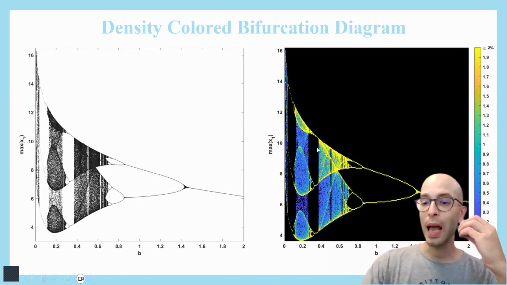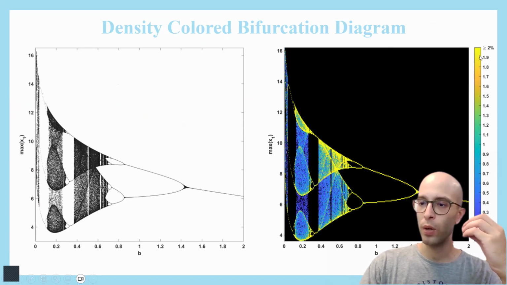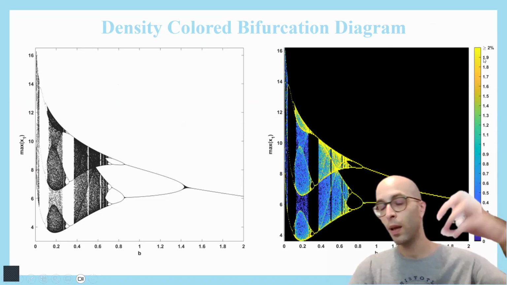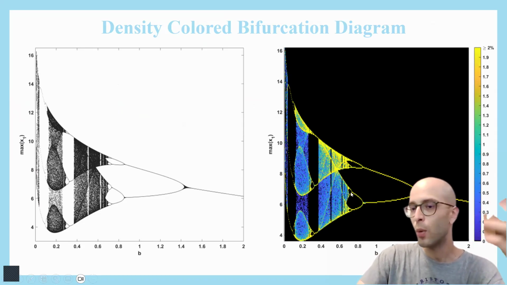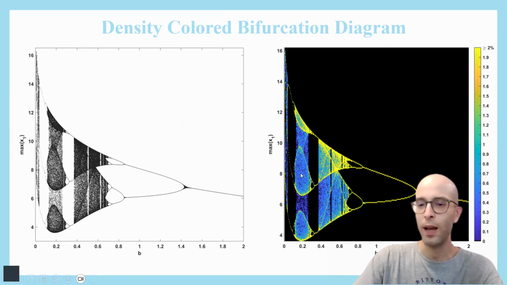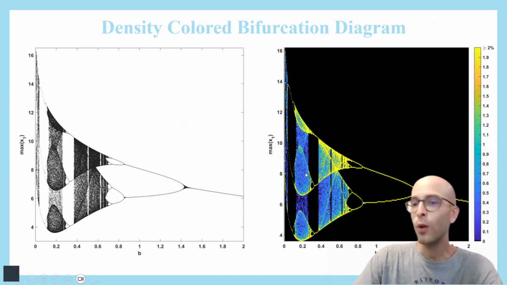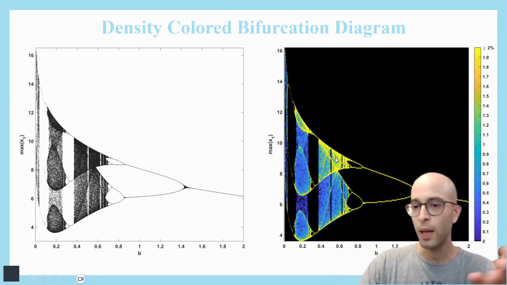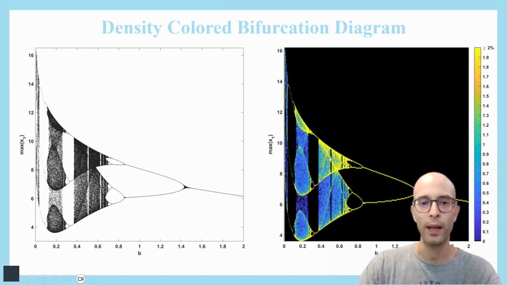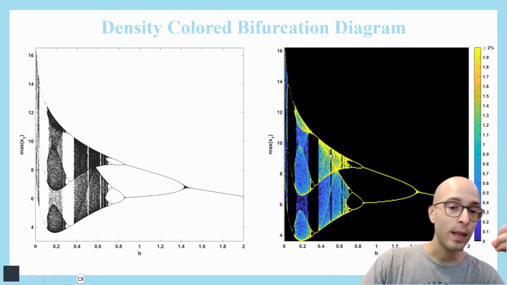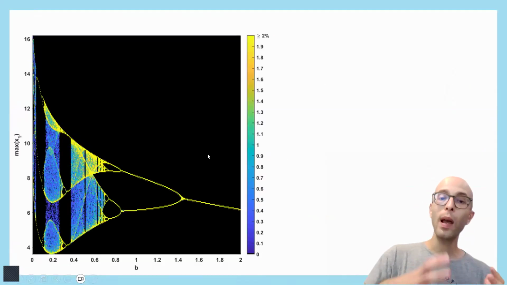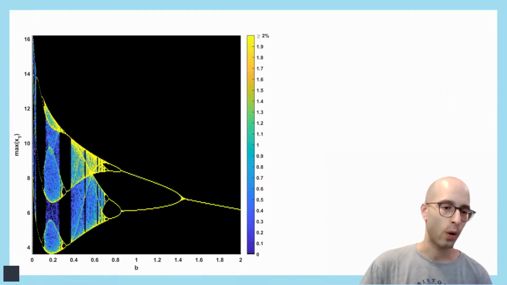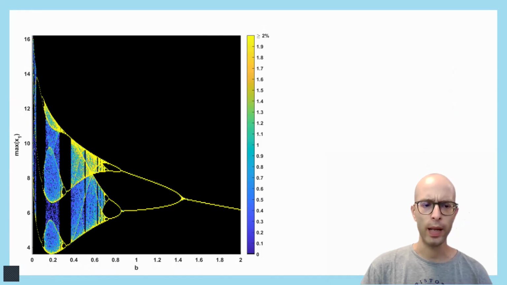We can observe some regions, see for example the color yellow indicates a higher density of local maxima. As you can see, in the chaotic regions we have a very clear non-uniform color, right? Some regions are blue, which have lower density, and some regions are green-yellow, which have higher density. This tells us that the amount of local maxima for the time series, the x1, is not uniform across the state space.